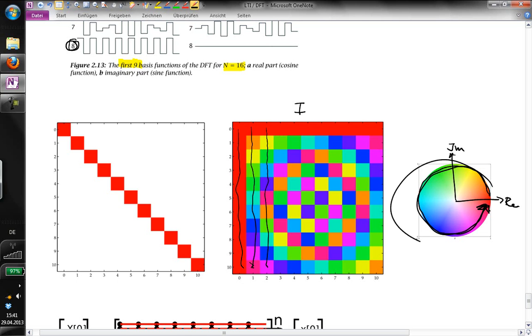So I go around twice until I reach here, and then we have 3 revolutions and so on. And then we find eventually the highest frequencies that we have in the signal before going back to lower frequencies. So you see this column here is practically the same as this one. It's just that they're flipped upside down, with the exception of the first term.